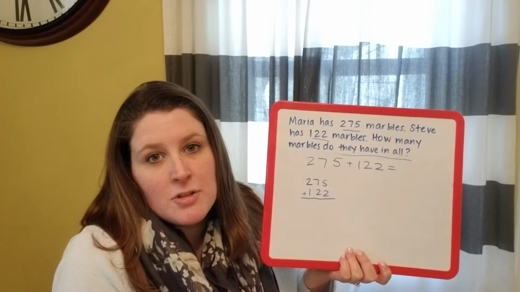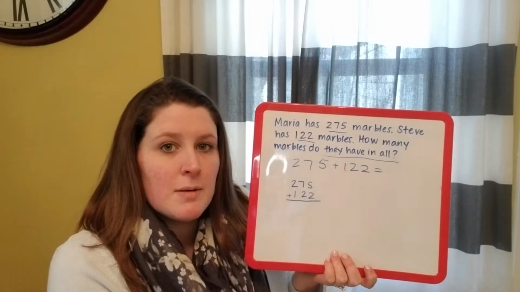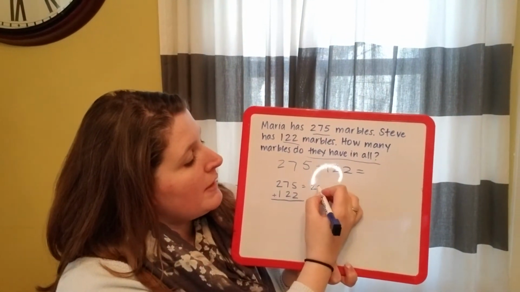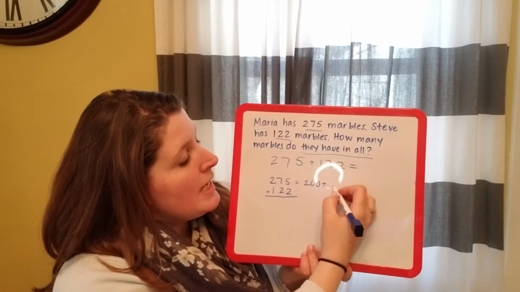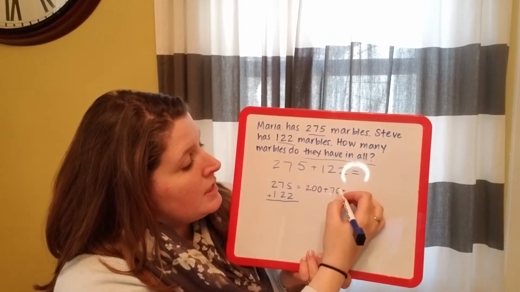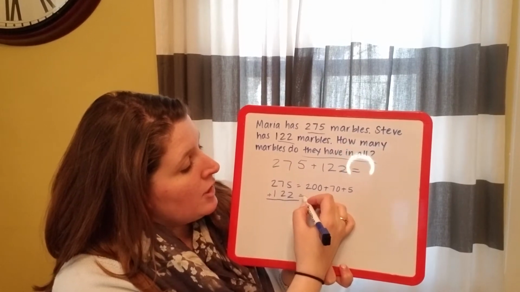With the stack and stretch method, again, we really want students to understand the individual place value of each of these numbers. So we're going to stretch it out into what's called expanded form. In expanded form, we individually write out each of the place value digits as the actual number it represents, in the form of an addition problem.